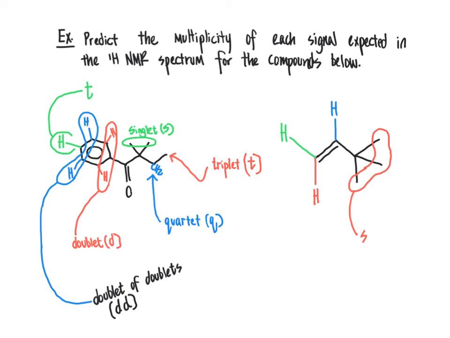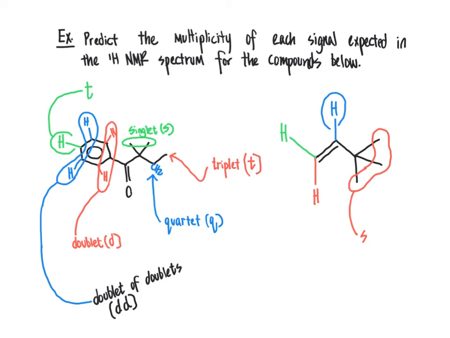Looking to the right, there are no vicinal hydrogens at this position, so it's only these 2 vicinal hydrogens that are going to be coupled to the hydrogen in blue. As we think about the multiplicity of that hydrogen in blue, we have to ask whether the 2 hydrogens that are vicinal to it, the green hydrogen and the red hydrogen, are equivalent. Are they interchangeable? And the answer here is that they actually are not equivalent.